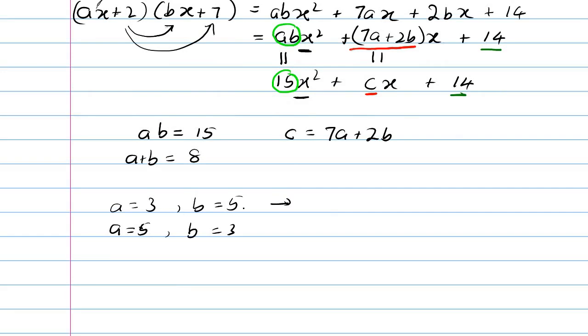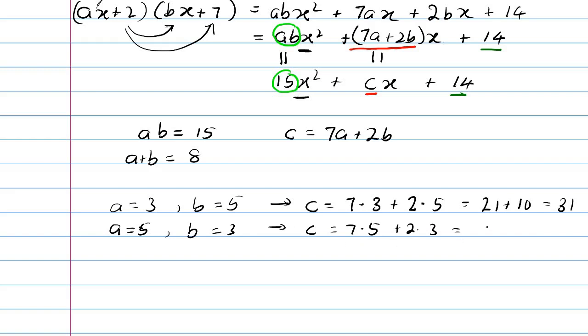If you have a equal to 3, b equals 5, you have c equals 7 times a, 7 times 3, plus 2 times b, which is 2 times 5. So 21 plus 10, which is 31, right? Over here, c equals 7 times 5 plus 2 times 3.